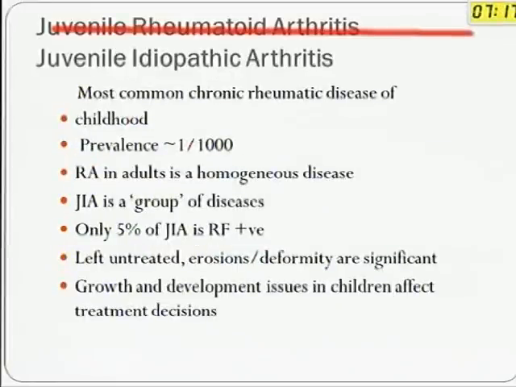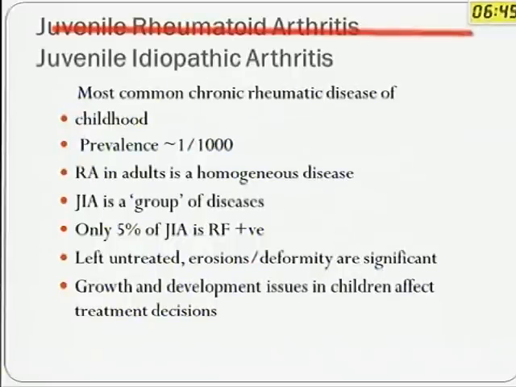Now this slide I wanted to put up because since 1997, the name has been changed to juvenile idiopathic arthritis. It is no longer juvenile rheumatoid arthritis. And what's in the name? Plenty. The main reason being, if we keep saying juvenile rheumatoid arthritis, we tend to think that this is rheumatoid arthritis happening to little people, whereas the disease is completely different in children and completely different in adults.